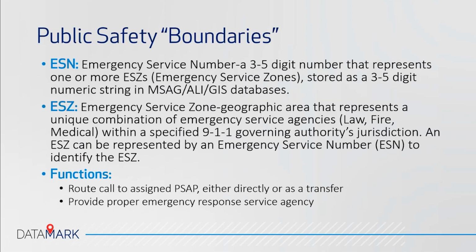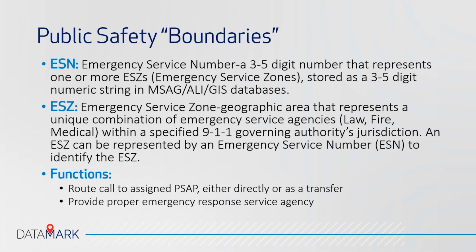Public safety boundaries in 911 are really known as an ESN. The ESN is associated with every single line in an MSAG. An MSAG is a master street address guide, which contains all of the road centerlines and their respective ranges. There's an ESN number associated with each one.